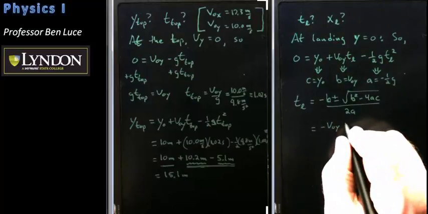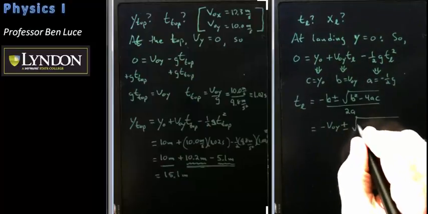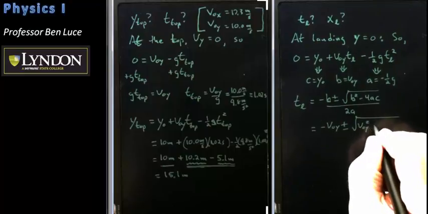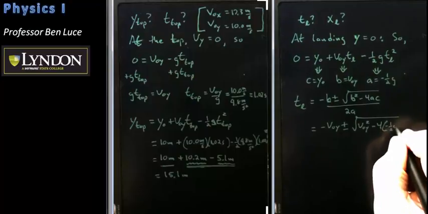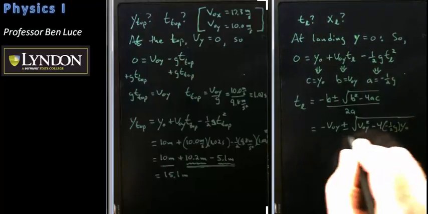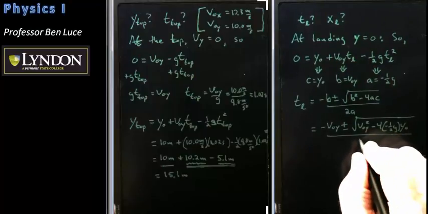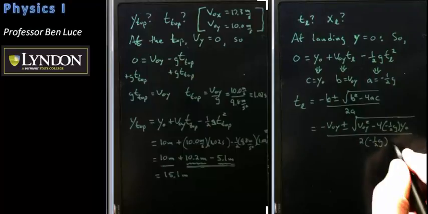So we get minus v naught plus or minus the square root of v naught squared minus 4 times, A is minus 1/2 g, and c is y naught. And then we'll have a 2 times minus 1/2 g on the bottom.